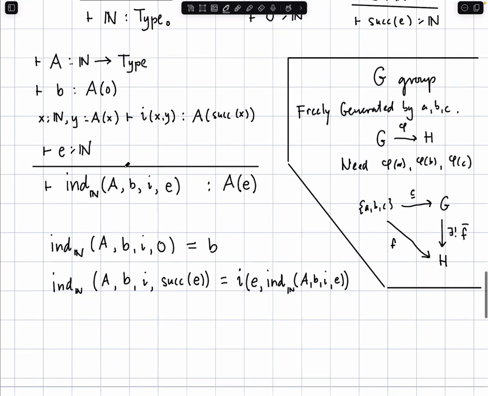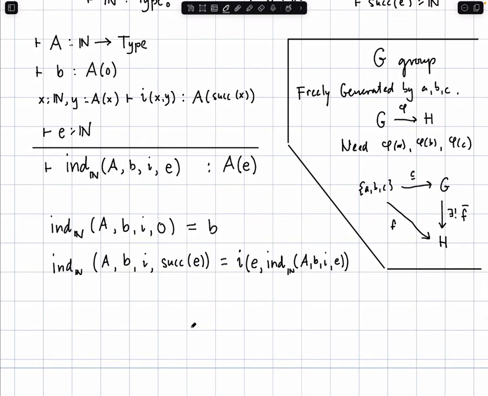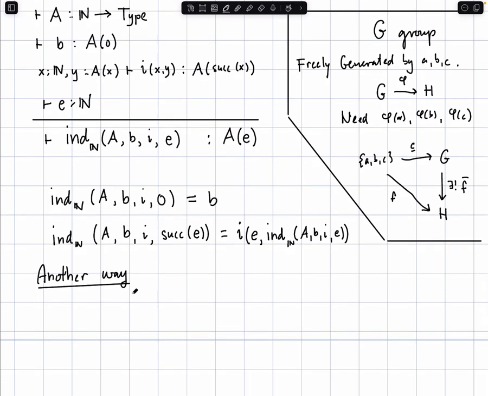Okay? There's another way to write this, which I think is how Egbert does it in his book, which some of you may find more pleasing, but for formal purposes, this is more basic, but I'm not going to get into that. So another way to write this would be to write down what ind is.